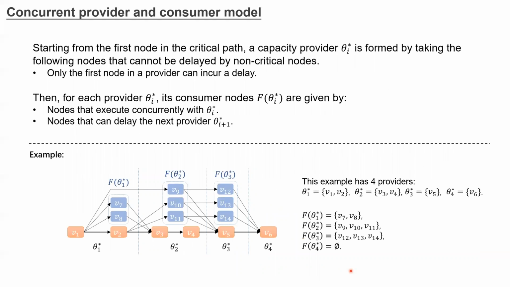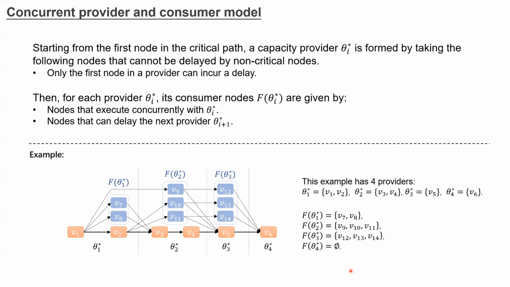And here is how the CPC model can be constructed. Starting from the first node in the critical path, a capacity provider is formed by taking the following nodes that cannot be delayed by any of the non-critical nodes. This also highlights the property that a provider can only incur one delay before its execution.